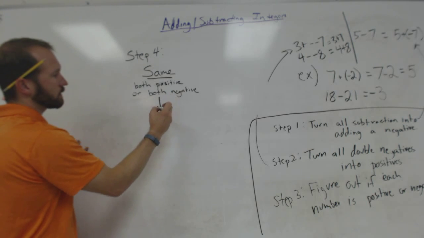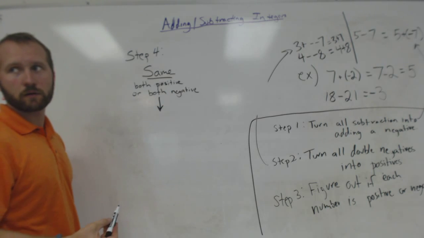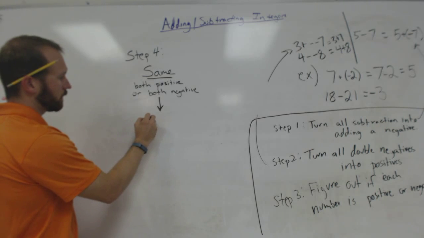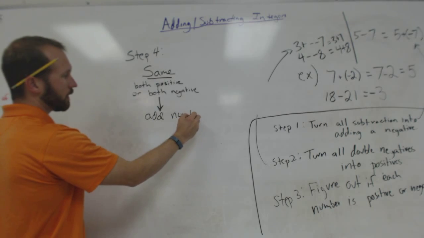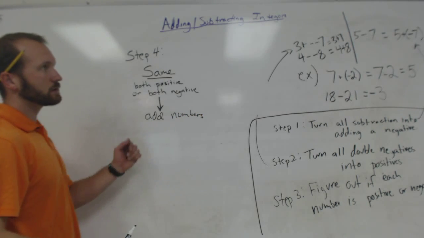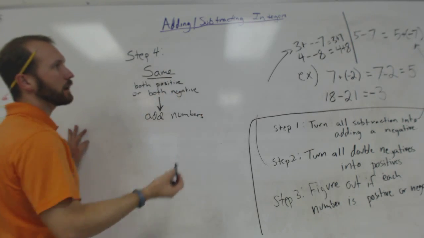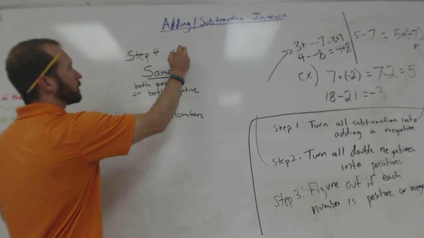You add just the numbers. We're ignoring, for a second, in step 4, the negative signs. Okay?